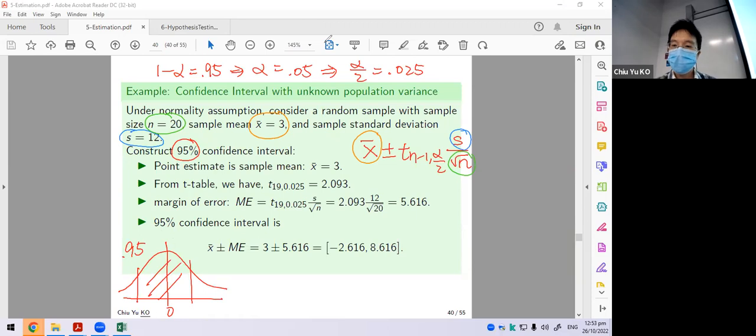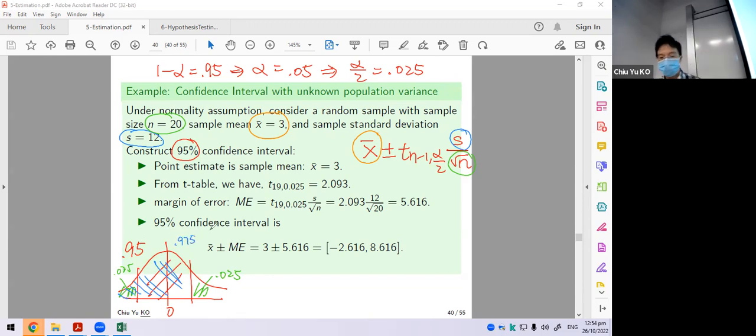Because of symmetry, these two tails should add up to 5%, and because they're the same, divided by 2, each is 0.025. Then what you can do is what you learned in kindergarten: add up 0.025 and 0.95, which is 0.975.